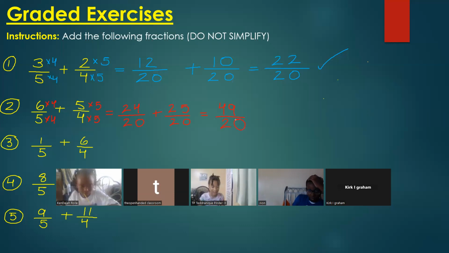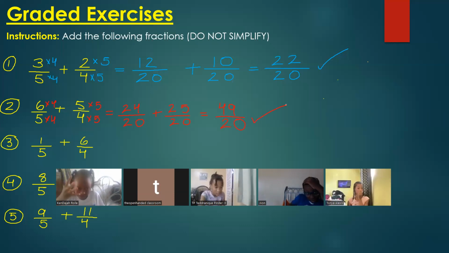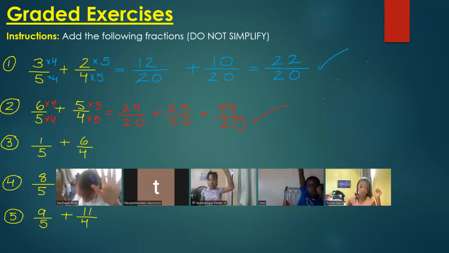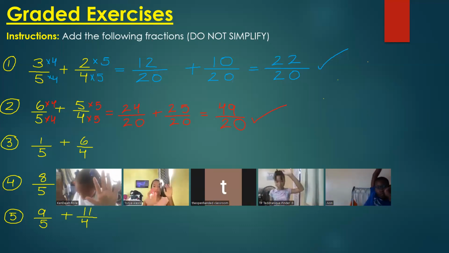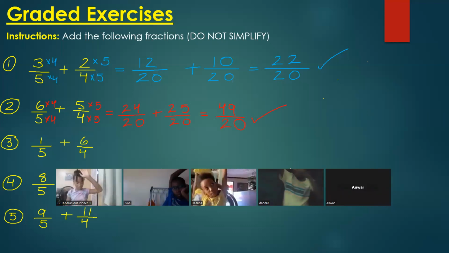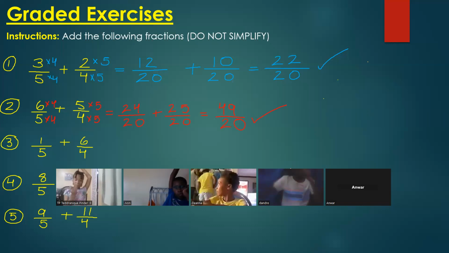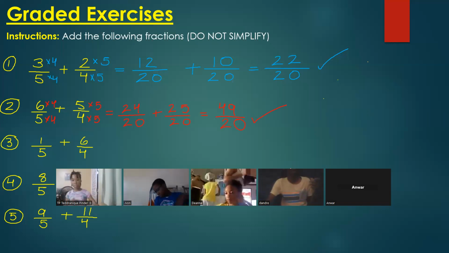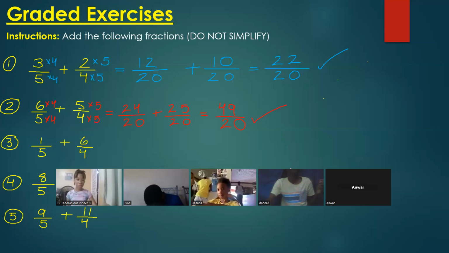No, 49 over 20. Okay. That's correct. How many of you got 49 over 20? Raise your hand. Okay. All right, excellent. DeAndre, did you get that? Yes, sir. Okay. Anwar, did you get that?